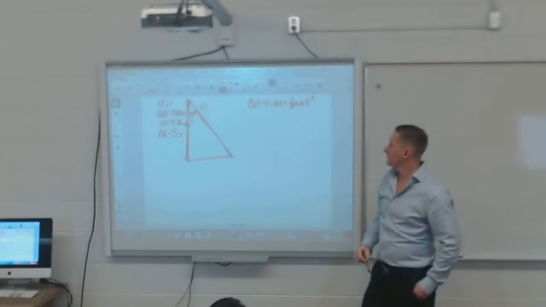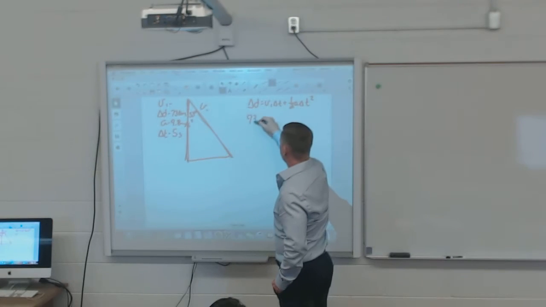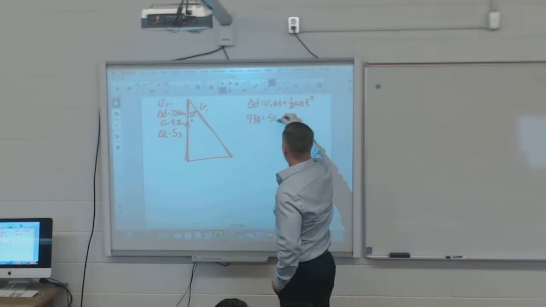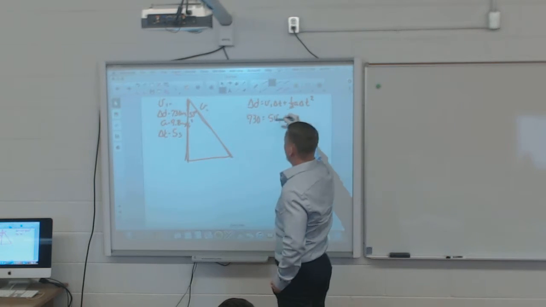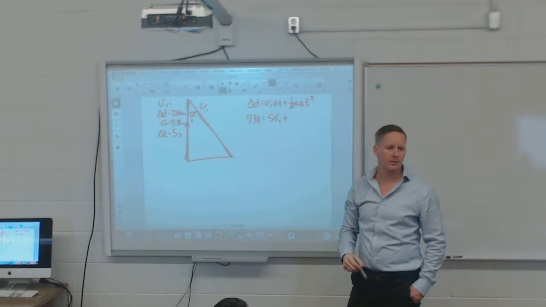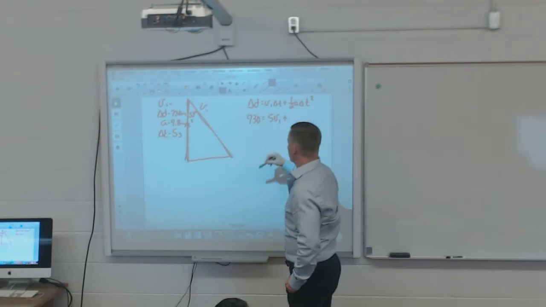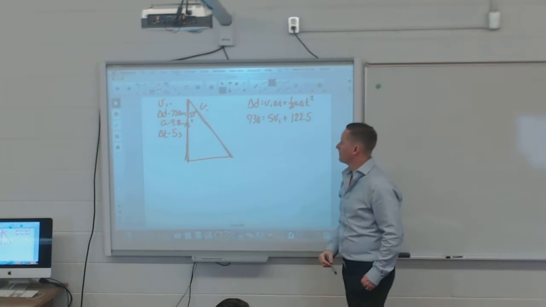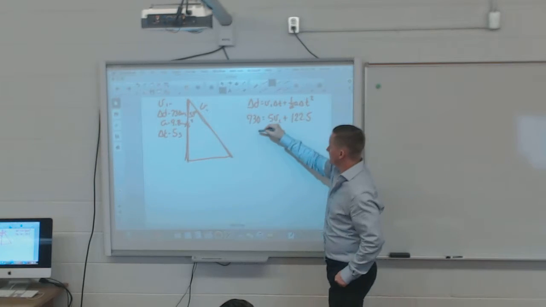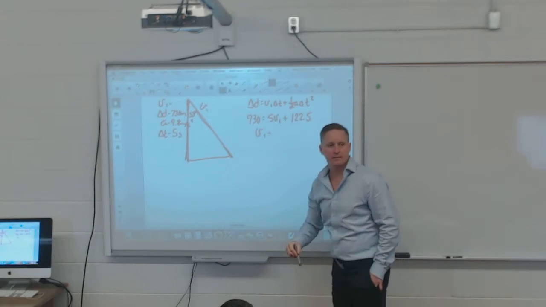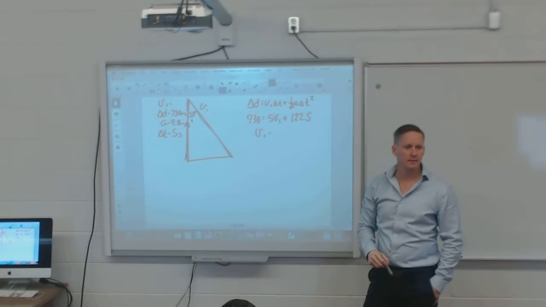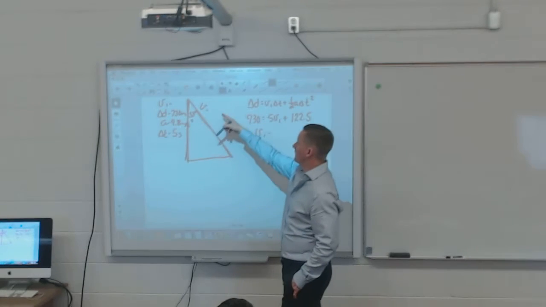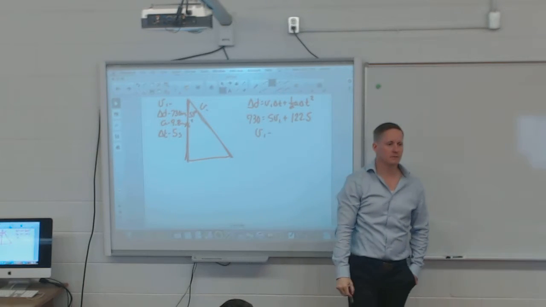So I've got 730 equals 5V1 plus 4.9 times 25. 4.9 times 25 is 122.5. So that's going to give me my initial downward velocity. Then I use right angle trig to get the velocity of the plane.